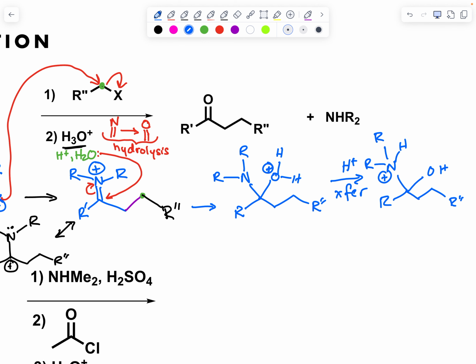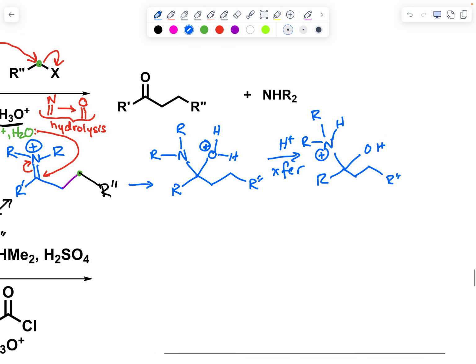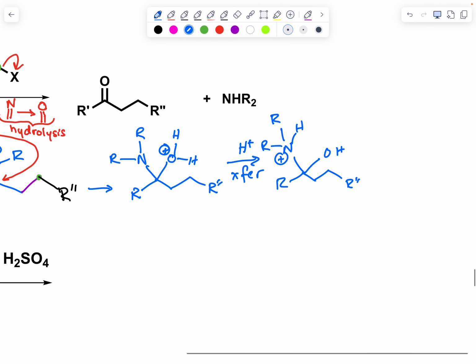So I'm going to number carbon 1, carbon 2. So you may be saying, Nolan, you said we're going to make a carbon-nitrogen double bond, okay?